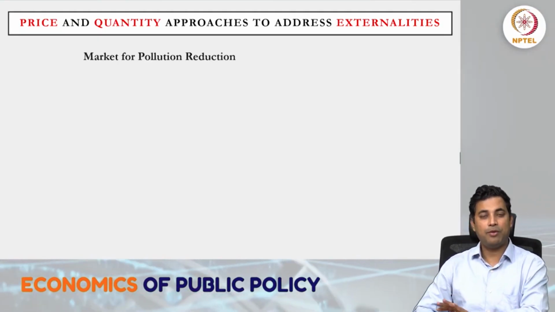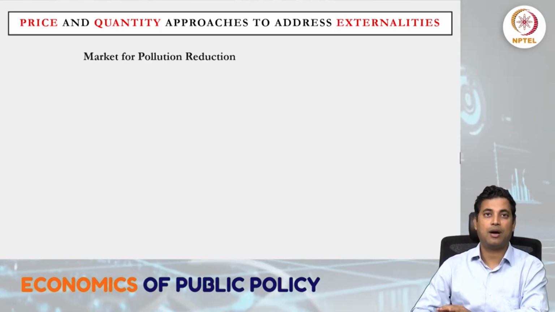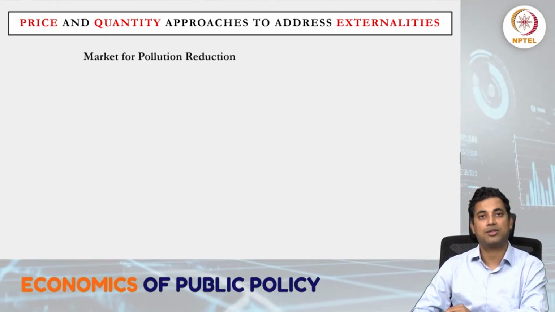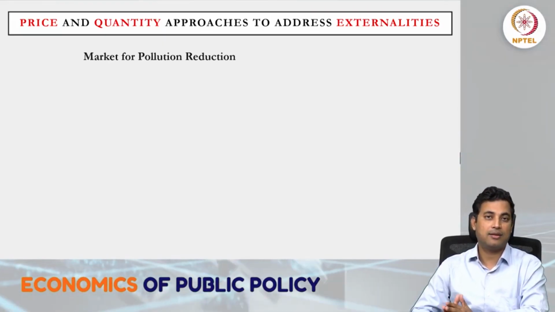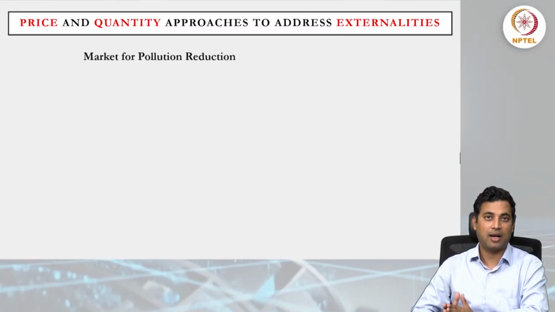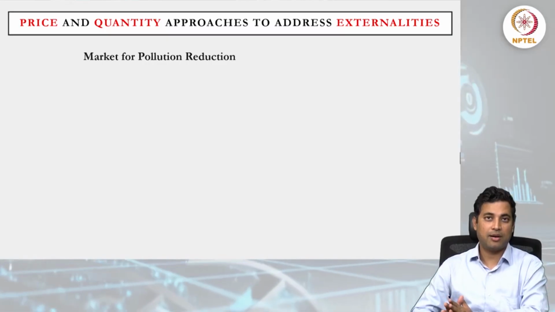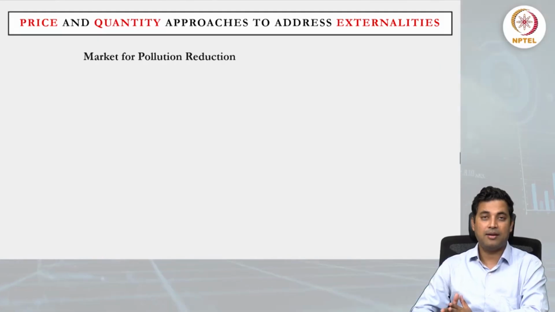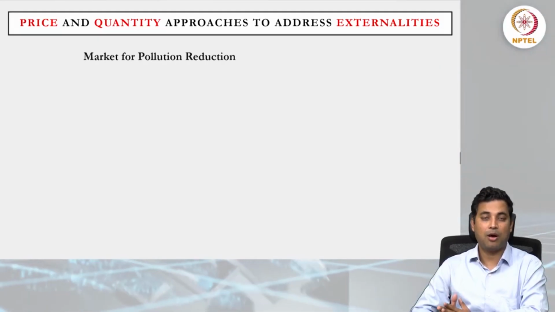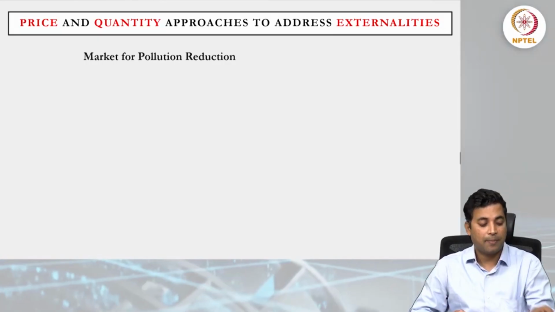So we will take the example of the market for pollution reductions. Now imagine pollution as a target, and how price and quantity will be determined, and with the help of price and quantity how pollution can be reduced.